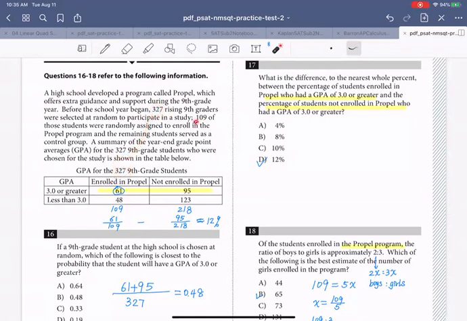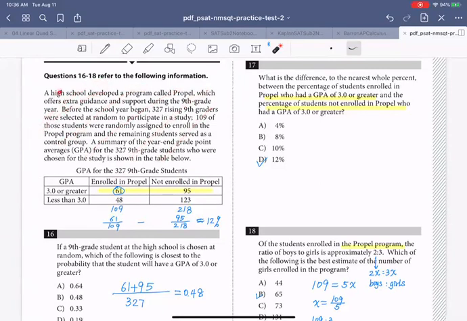And 109 students randomly assigned to this program, so you can write down 109 for this column already. The total is 327, so this has to be 218 for this column.